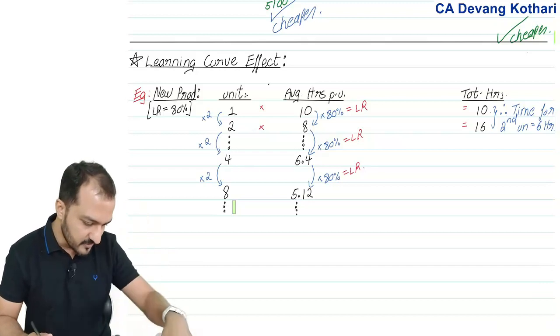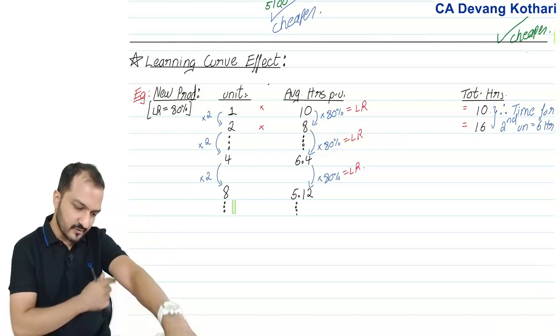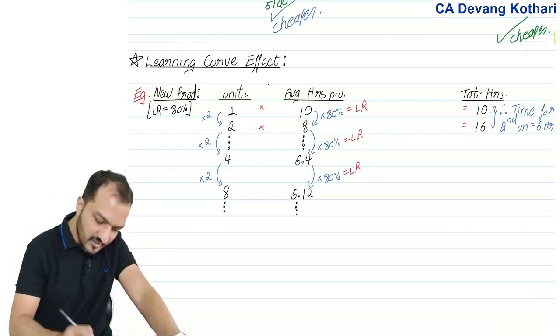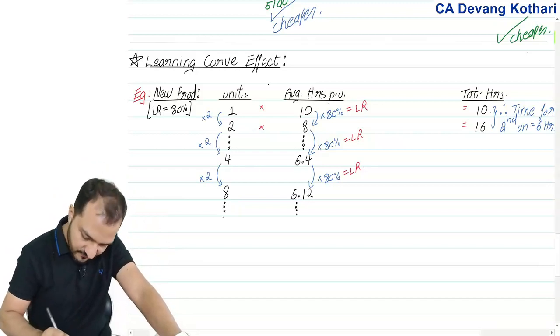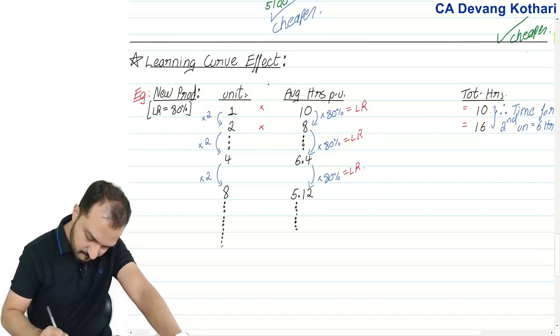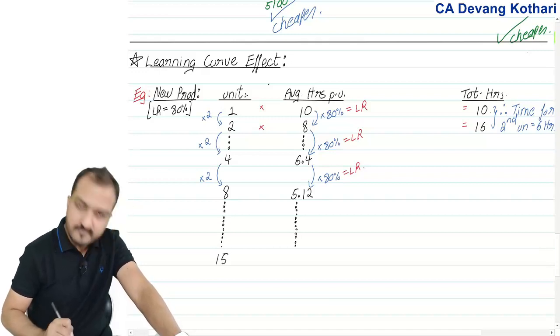Let's say, for example, that the learning effect stops after 15 units.